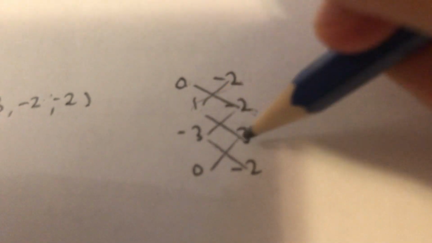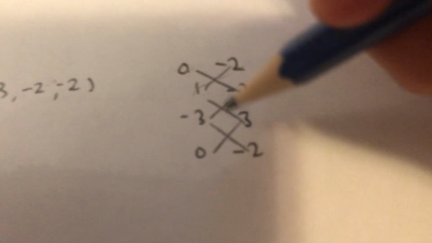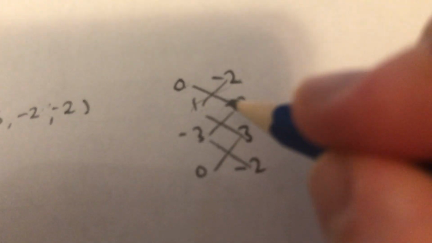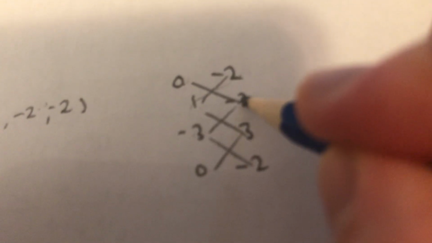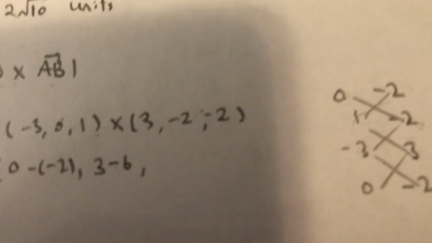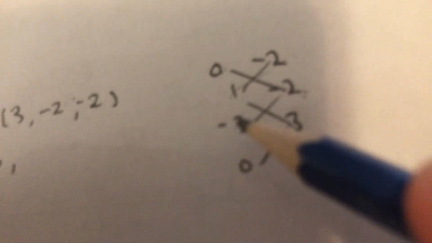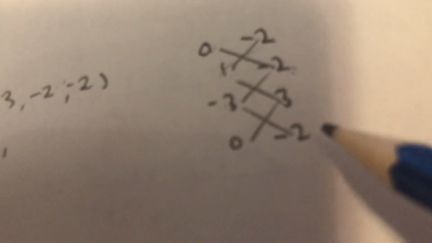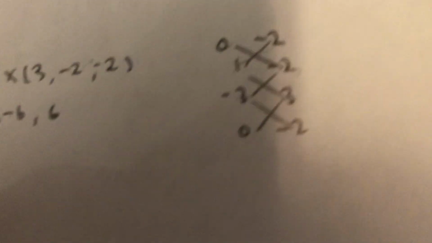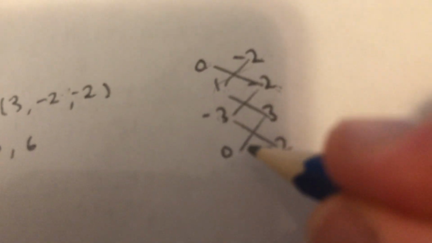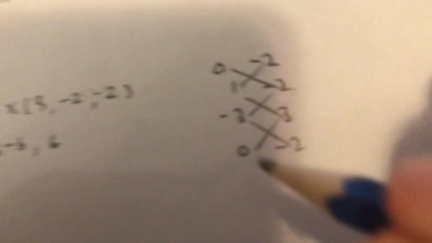Moving on to the next one, 1 times 3 is 3. Subtract the product of -3 and -2, which is 6, so subtract 6. Sorry, it's so hard to see. Now the last one, -3 times -2 is also 6, and then we subtract the product of 0 times 3, which is just 0.